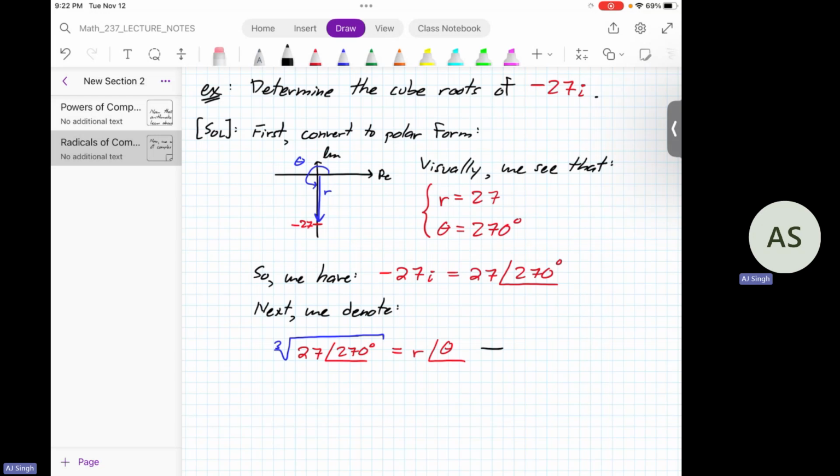And to do that, we can rewrite it by moving the radical, the index of 3, to the other side.